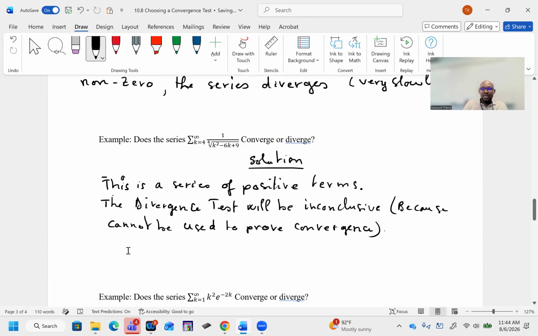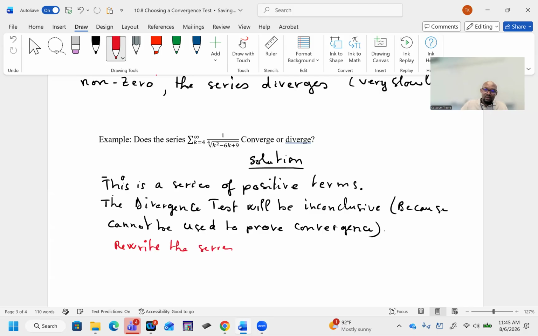But a good step in this one is to rewrite this series. How do you rewrite it? We have the sum from k equal to 1 to infinity of 1 divided by the 4th root of k squared minus 6k plus 9.